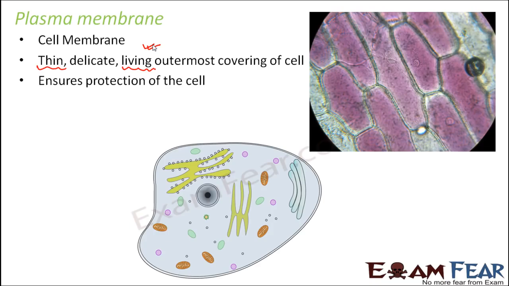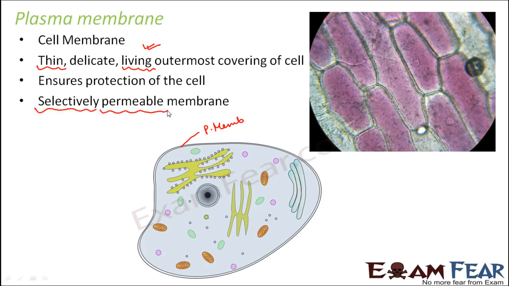When you look at the cell, this is your plasma membrane. This plasma membrane is a selectively permeable membrane. What do we mean by selectively permeable? Since it acts as the boundary, it has to ensure that only the right materials get in and the wrong materials are not allowed to enter. This is known as selectively permeable.